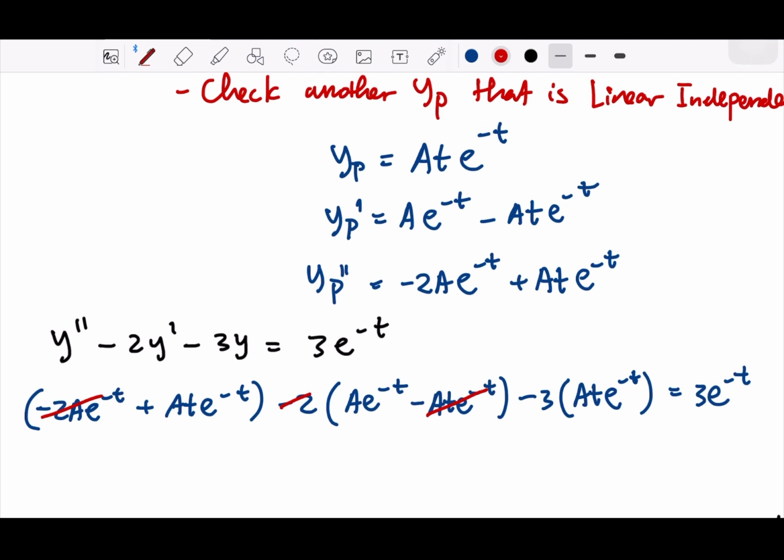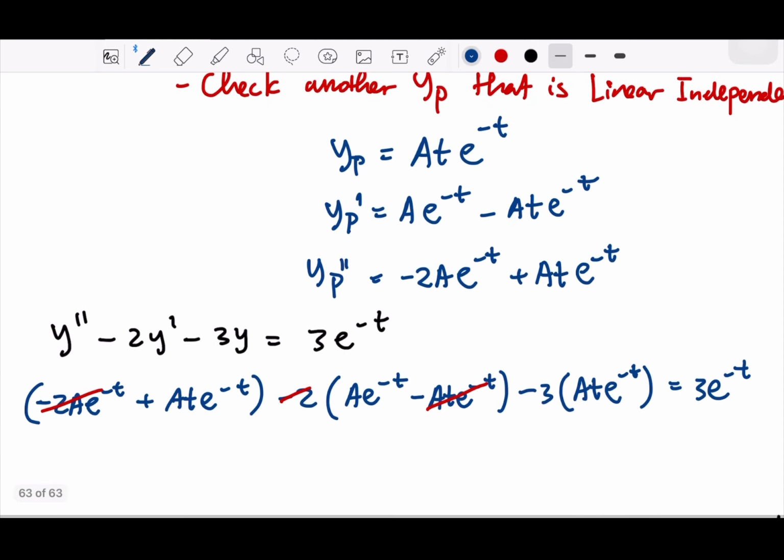So we have at minus 2, minus 3, plus at, and minus 3 at.